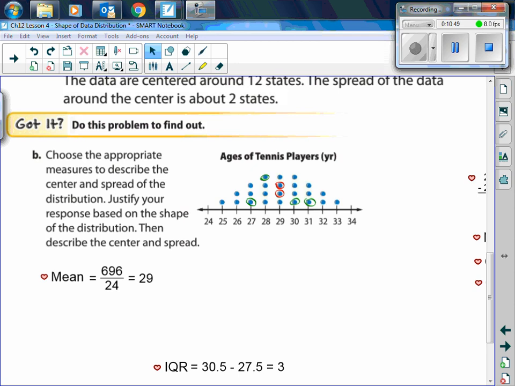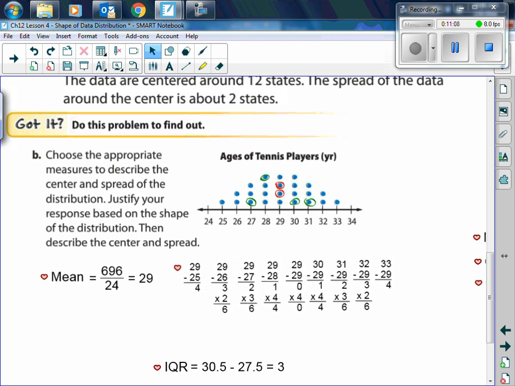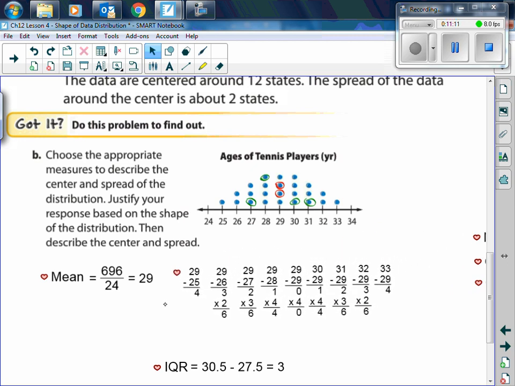The next thing we're going to do is find our mean absolute deviation. We have our mean, and the next step is finding the differences. So here are our differences. Look at the way I did these, okay?